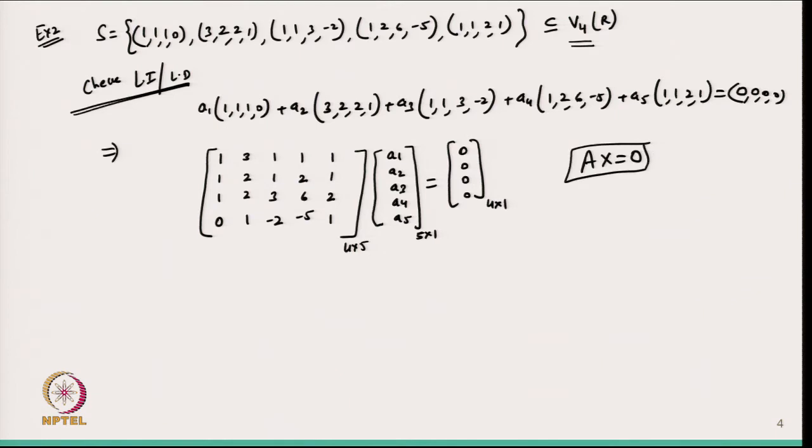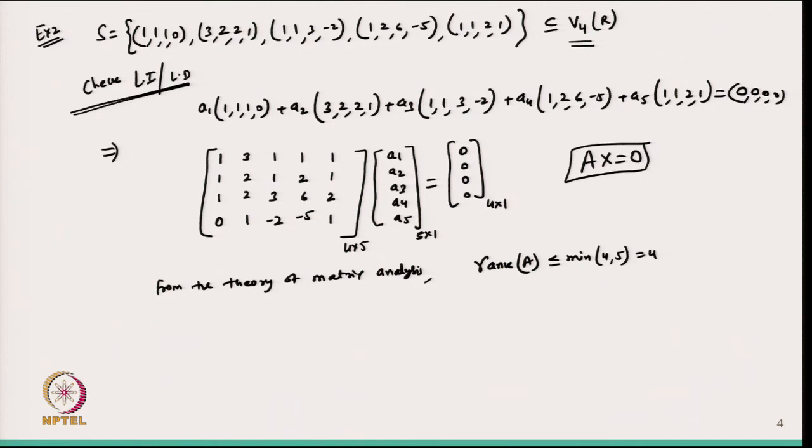Now, in this case we want to check whether these vectors are linearly independent or dependent. Now, from the theory of matrices, we know that this is a 4 cross 5 matrix. So, in this case one thing I know is that the rank of the matrix A is always less than or equal to the minimum of 4 and 5. So, that is 4.